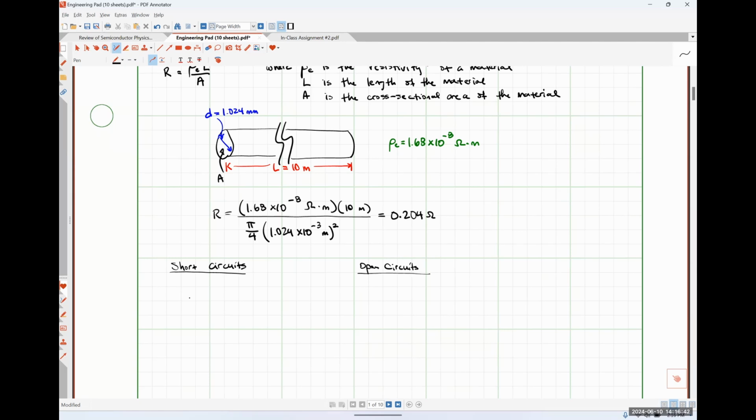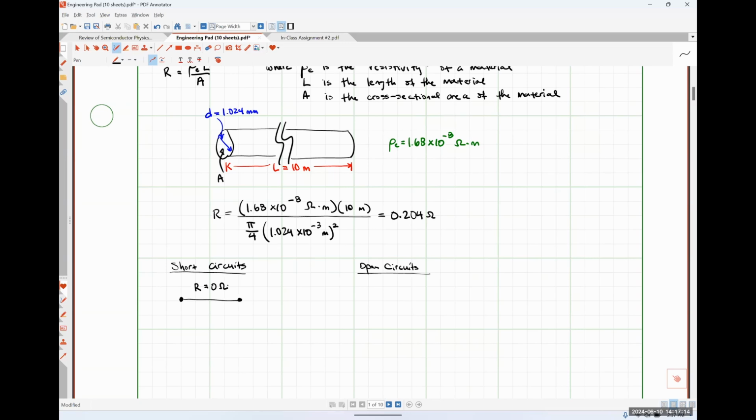So a short circuit, we are going to consider to be just a section of wire where, based on our prior analysis here, we could say that the resistance of a section of wire, as long as it is not too incredibly long or too incredibly small in cross-sectional area, should be about 0 ohms.